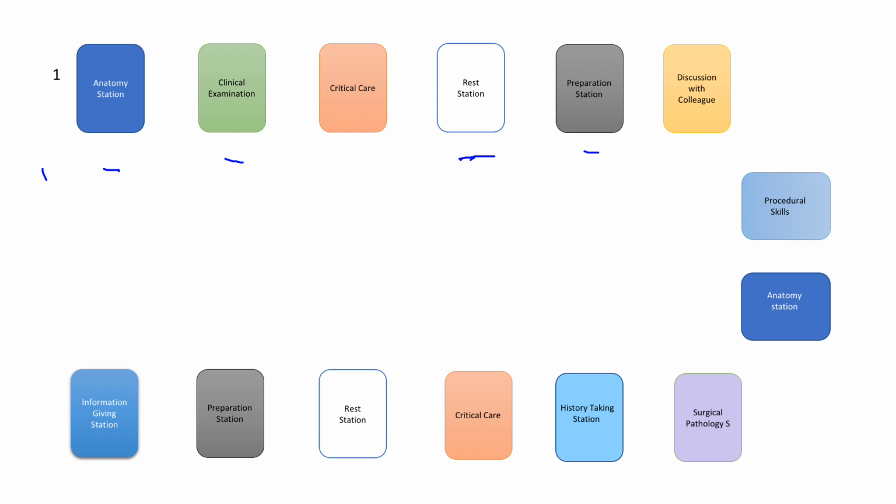We have discussed the rest station, you just rest, and then there is a preparation station. There are 2 preparation stations, and these are followed by information giving stations. In these preparation stations you have notes of a patient, the task is outside, saying you will read the notes of this patient. The notes will tell about the history of the patient, physical examination, labs, progress, what happened to him, and what is the recent diagnosis, and then you assess from it.